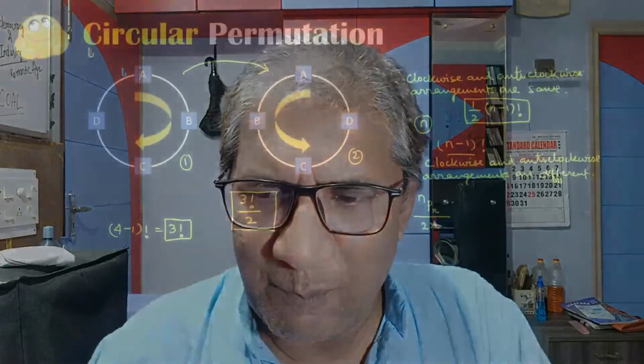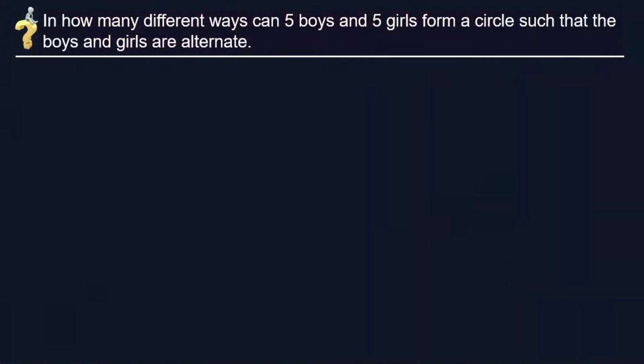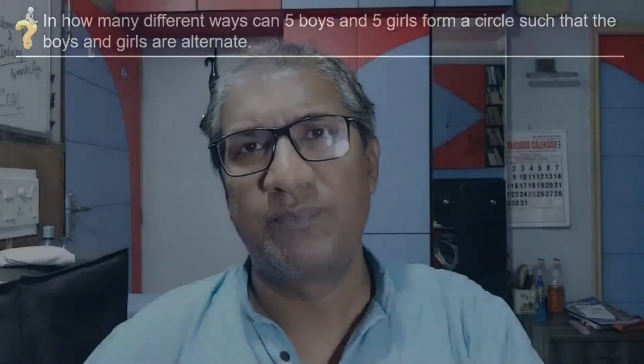So let's take a problem and understand the fact more clearly. In this question, they have said: in how many different ways can 5 boys and 5 girls form a circle such that the boys and girls are alternate? Now my first question is, here are clockwise and anti-clockwise arrangements same or different?